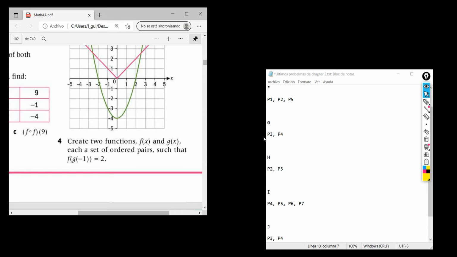Okay, finally from section G, problem number 4, this one: create two functions f and g, each a set of ordered pairs, such that f of g of -1 equals 2. That is the requirement, guys. They're telling me I can create any function f as a set of ordered pairs.